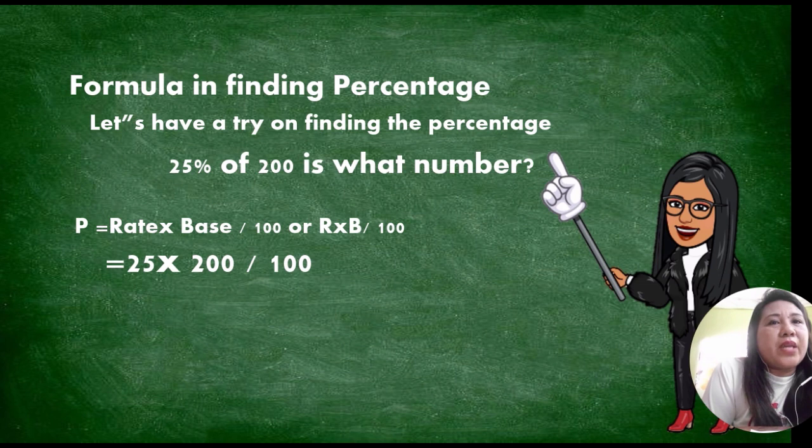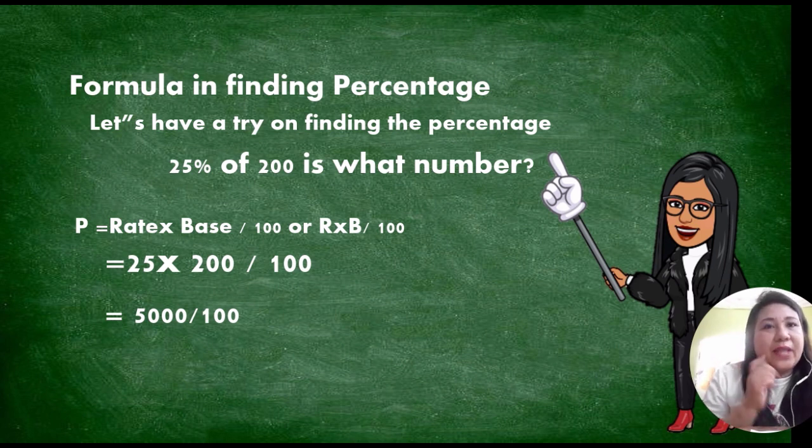We replace rate by 25 and base by 200. So 25 times 200 divided by 100. We multiply 25 by 200, we get 5,000. So 5,000 divided by 100 equals 50. Did you get it? So P, or percentage, is equal to 50.